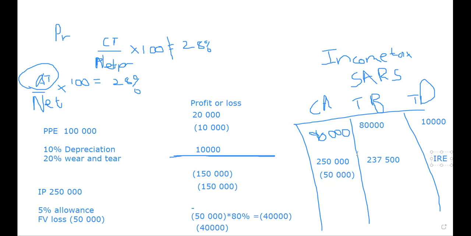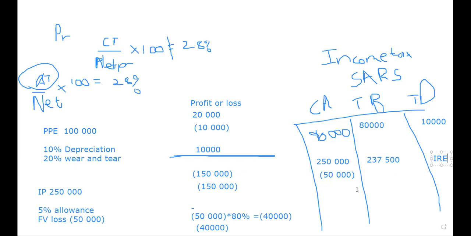You write IRE because for that initial part, the initial recognition exemption, it's always exempted, because there's a permanent difference between the accounting side and the tax side. That means you won't have temporary differences for them. They are permanent in nature. They will never coincide. So that's how you do that one.